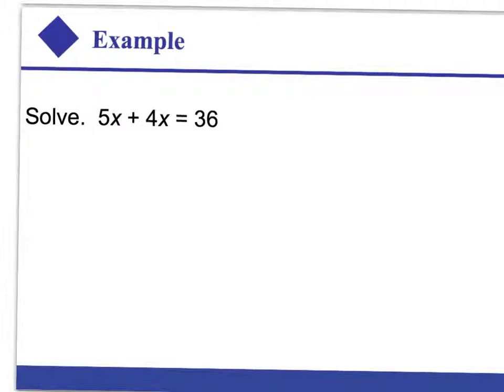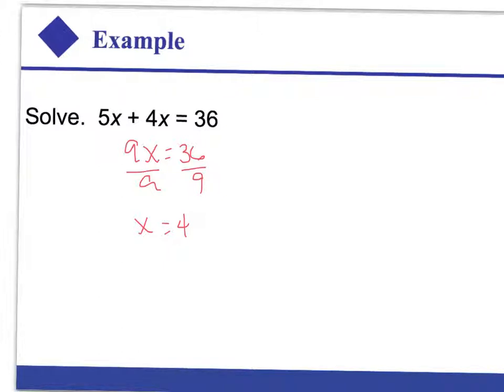So here's this one. We have 5x plus 4x on the left side, so that gives me 9x equals 36. And if I divide both sides by 9, that gives me x equals 4. And you go back and check that. You can check it with the original equation, or you can check it with what you worked with.